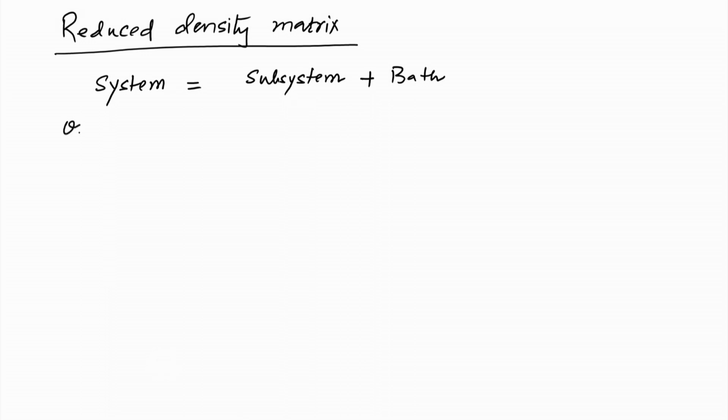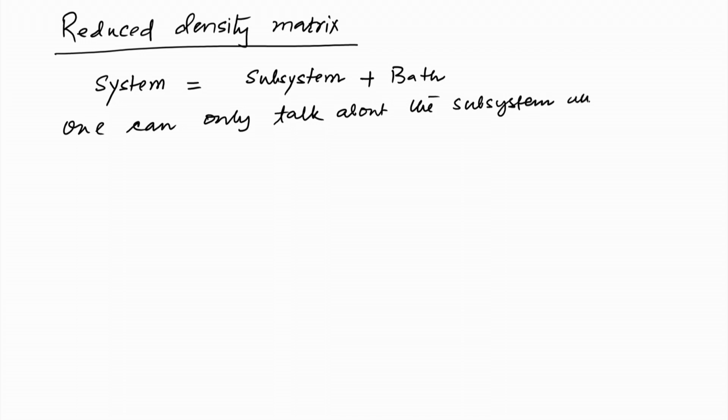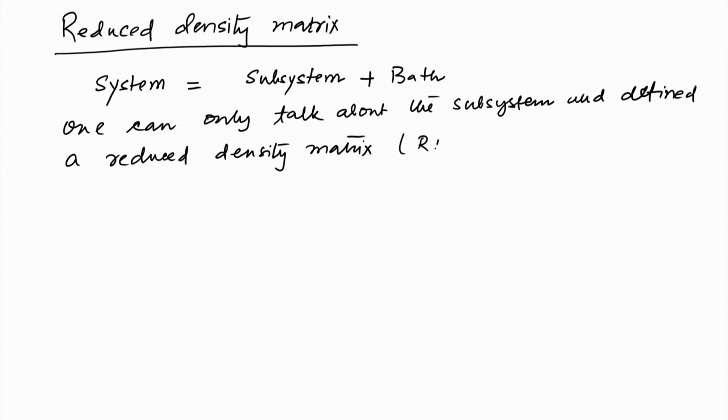So, one can only talk about the subsystem and define a reduced density matrix, called the RDM, by summing over the bath degrees of freedom.